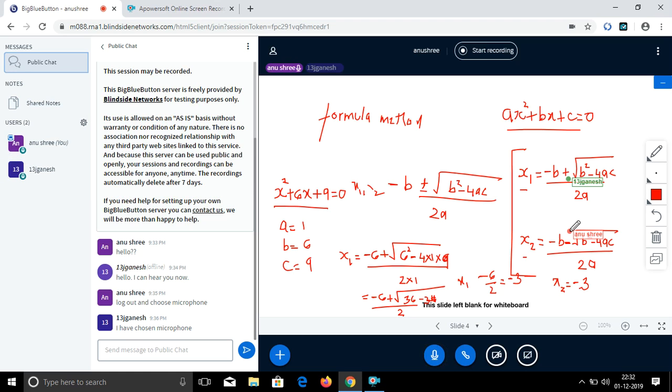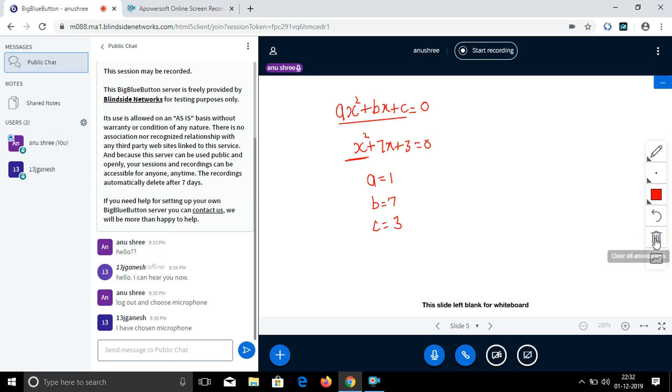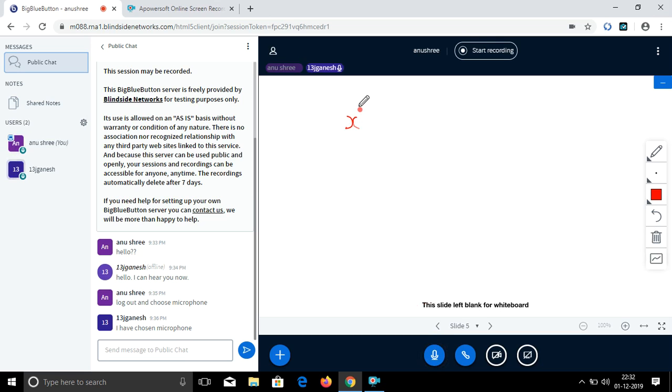Okay, so have you noted down? Okay, so try to solve a few equations. I'm giving you some equations just for homework. Try this one using the formula method.